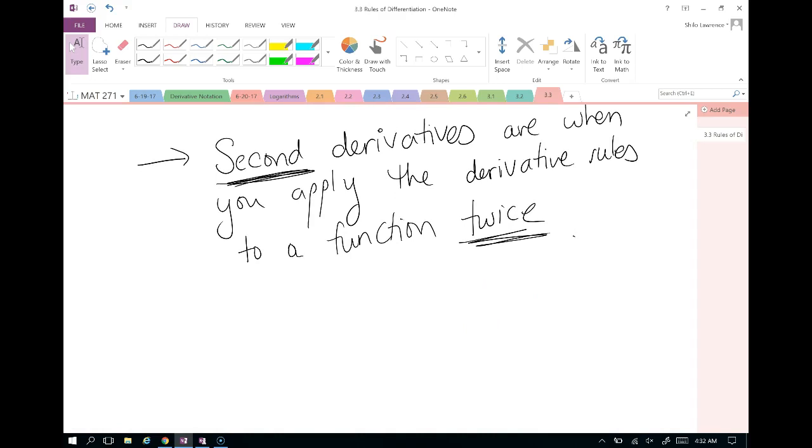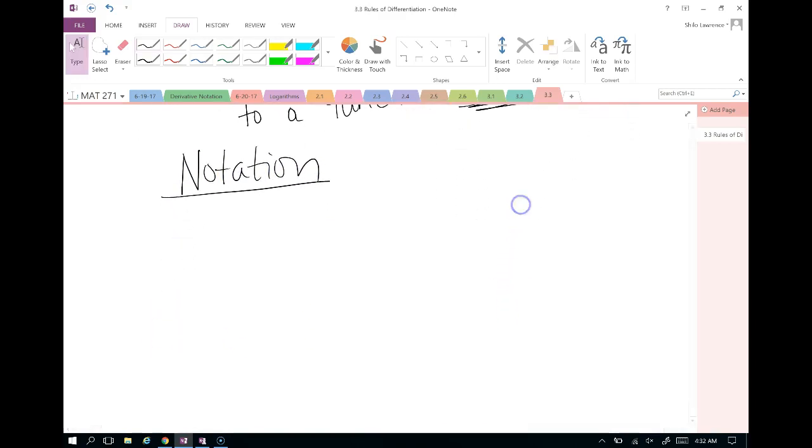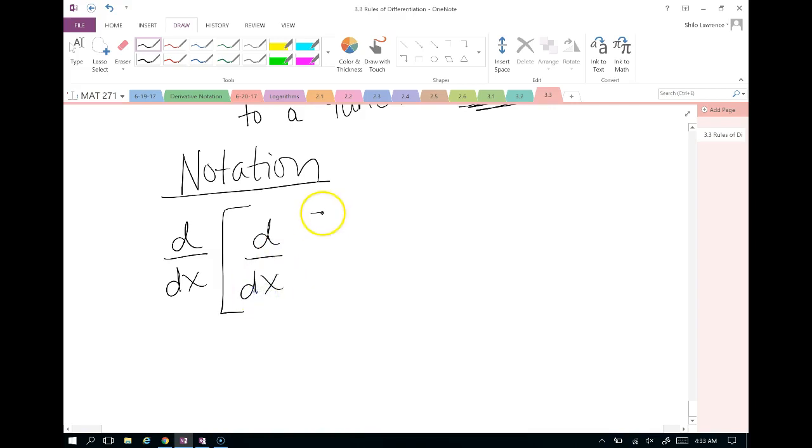So to take the second derivative of something, there's some notation that we want to use so that somebody knows we did the second derivative, or so that when we see it in directions, we know to take the second derivative. So the d dx are the instructions that tell us to take a derivative. So we might see it twice.